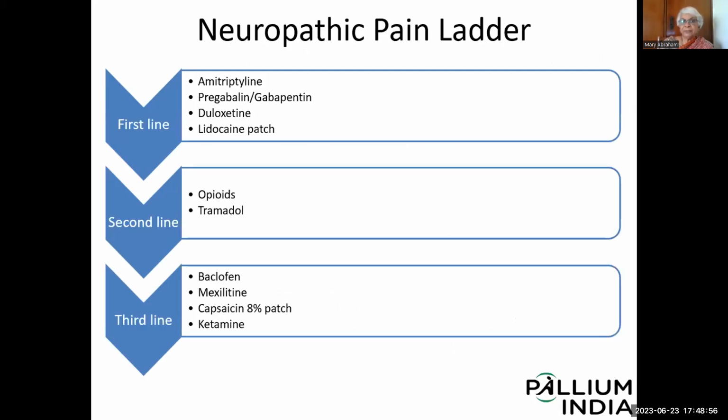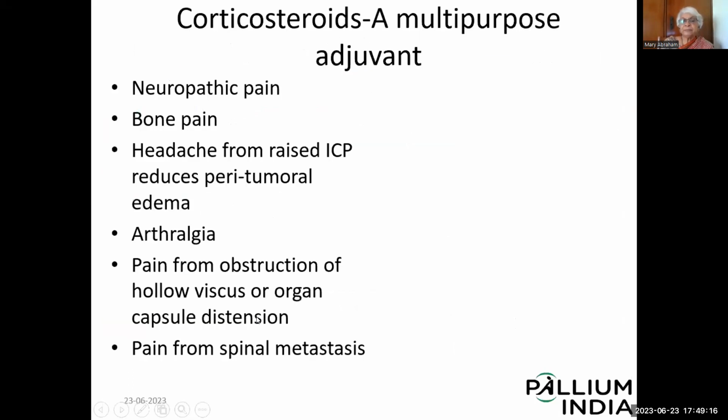I mentioned that earlier. If you look at the neuropathic pain ladder, the first line is amitriptyline, gabapentin, pregabalin, duloxetine, and lidocaine patch. The second line are the opioids like methadone and tramadol. And the third line are ketamine and capsaicin patch, etc.